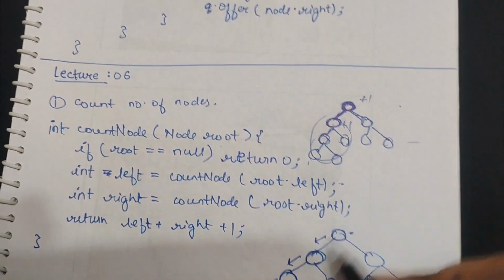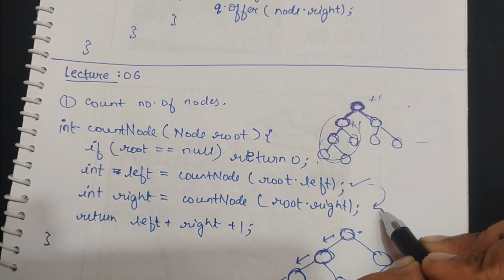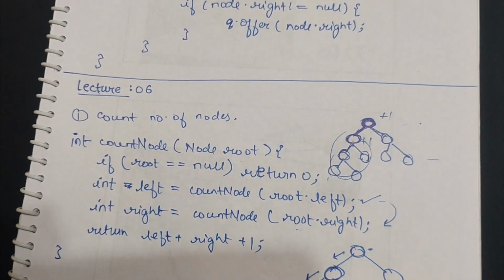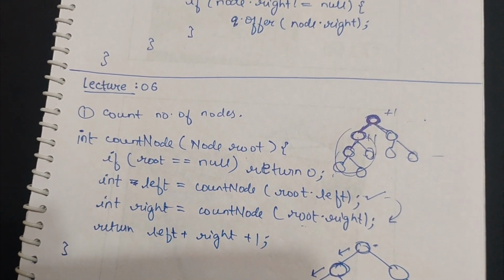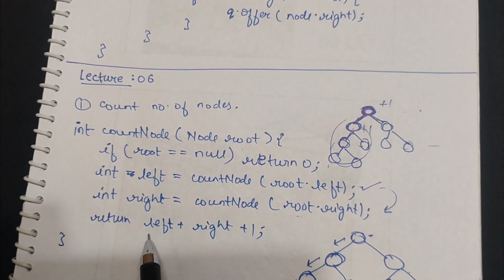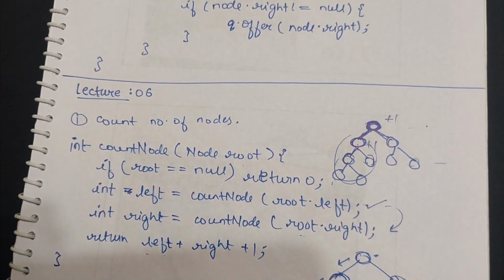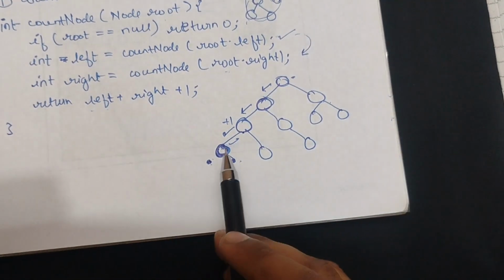So for this node it has executed this. Now we'll come down to this. It says root dot right, so again the function call hits this and returns 0. So now this node has got 0 from left, 0 from right, and +1, so it returns 1 over here.